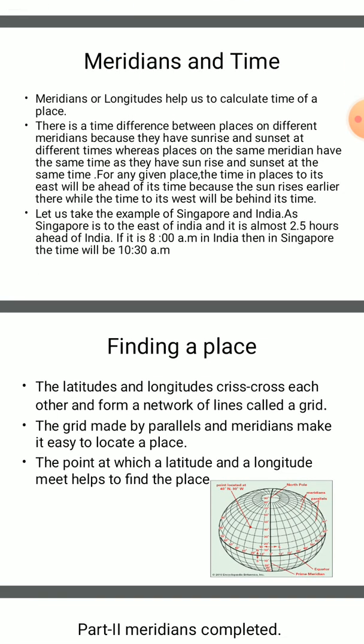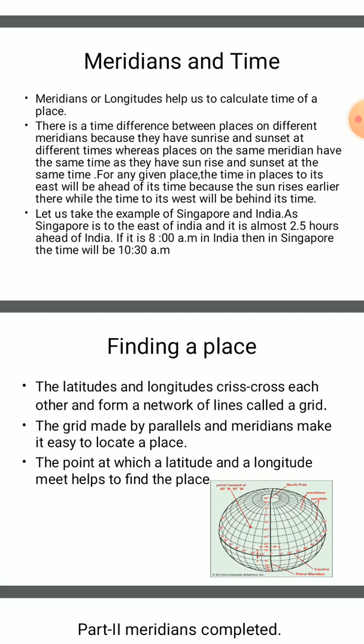Latitudes and longitudes are also very important to locate a place on a map or on a globe. If we know the degree of parallels and meridians, we can easily find any place. The parallels and meridians crisscross each other and divide the surface of the earth into a grid. The point at which a latitude and longitude meet helps to find the location of a place.